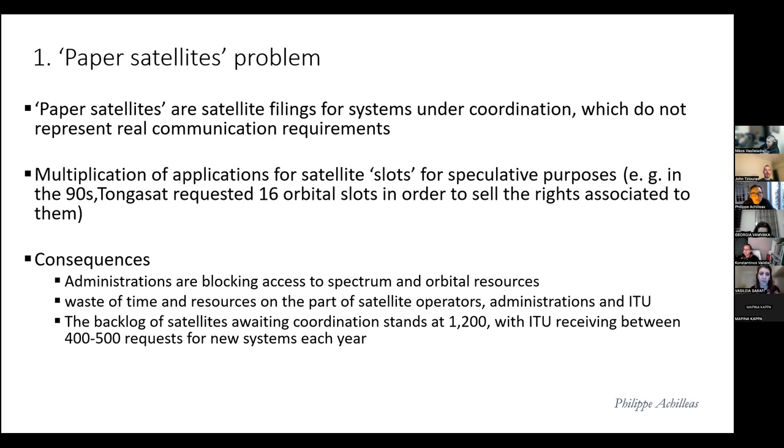The idea was to sell the rights to other countries of the region that wanted to launch their satellite. So TongaSat and Tonga blocked access to outer space because they had registered the frequencies for themselves without having a satellite to launch.